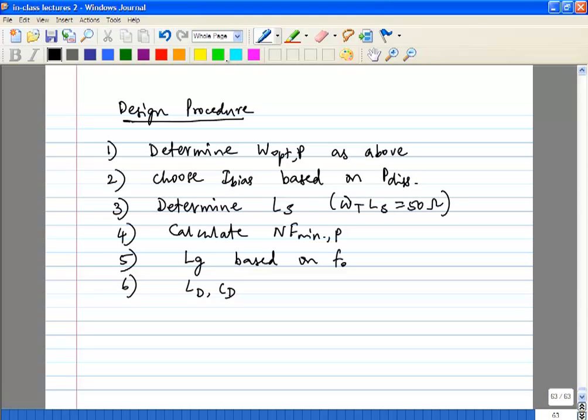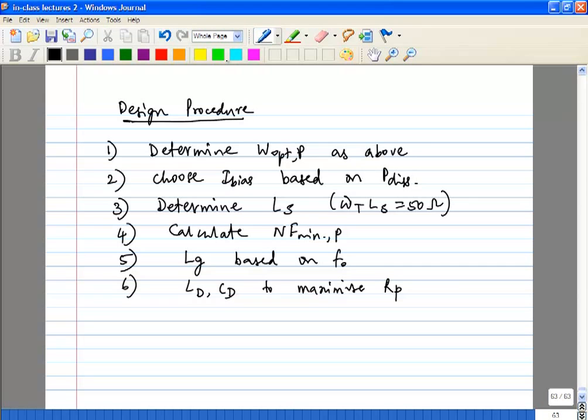You want maximum gain from your LNA. Let's say you want to maximize that gain. So you choose LD and CD such that you would maximize RP. Why do you want to maximize RP? Because your gain depends on RP.